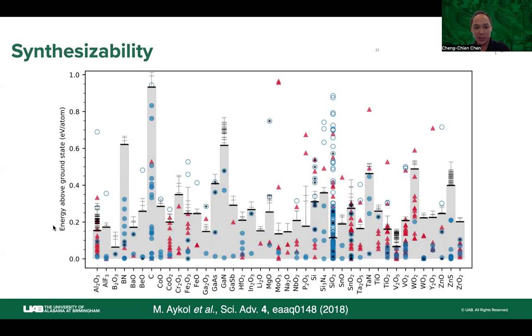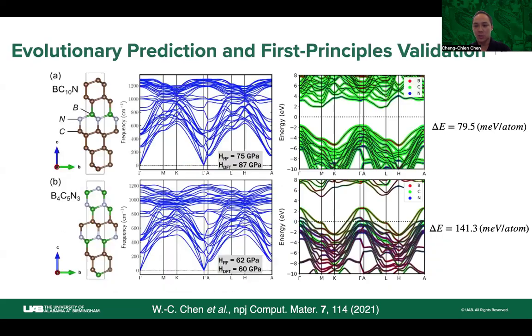And you see that roughly between 0.1 to 0.2 electron volts per atom above the ground state for the formation energy, it is still possible to be synthesized. So this means there's a chance that our predicted superhard compounds can be synthesized. I want to point out, once BC10N is synthesized, it has a theoretical hardness value above 80 gigapascals. So once synthesized, this could become the second hardest material, just next to diamond.